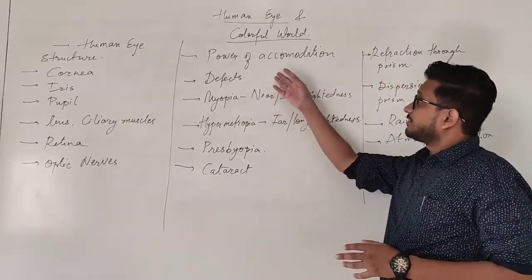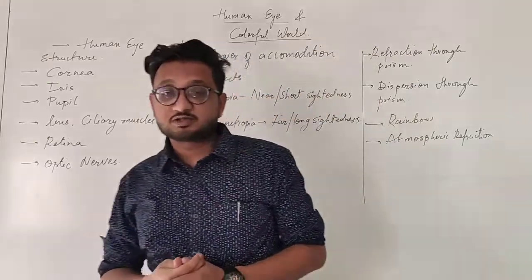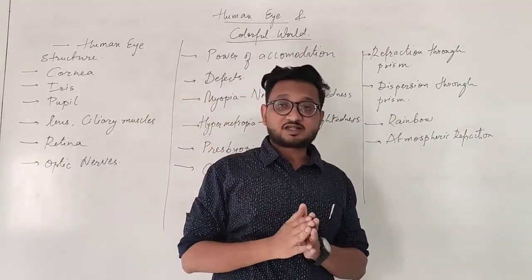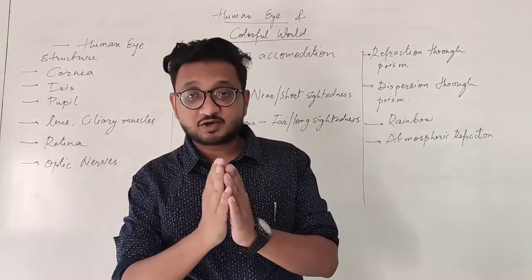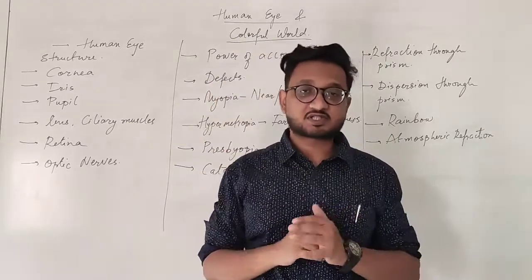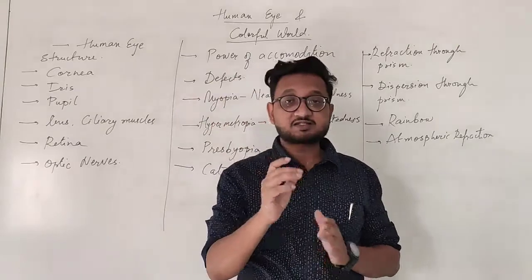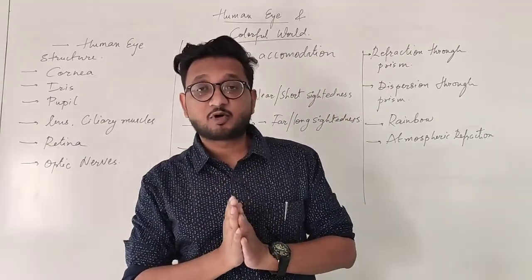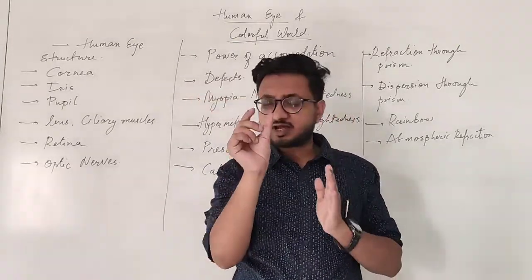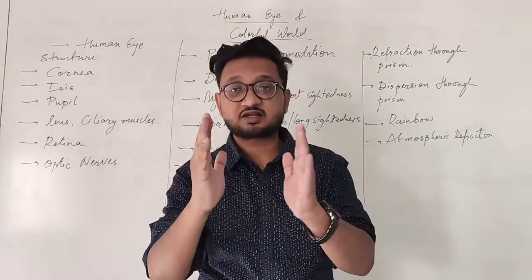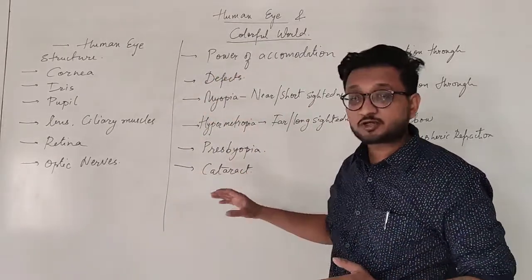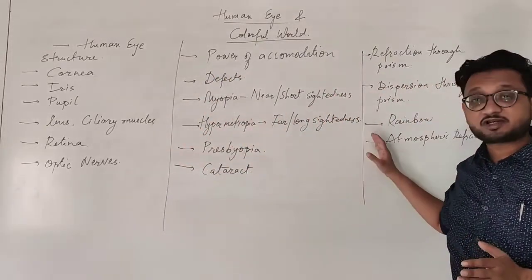The next is power of accommodation. What is this power? So we know about the power of the lens, how much it can converge or how much it can diverge the light. Generally the lens of a thicker size converges the light more, and the lens which is thinner converges the light less. They are obviously going to converge, but the focus point is far away.